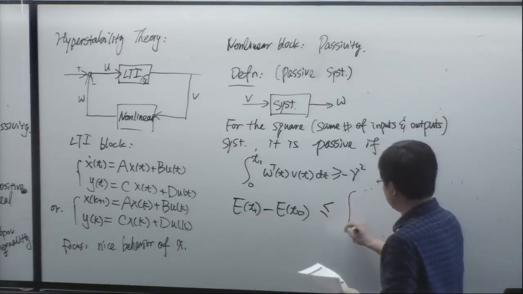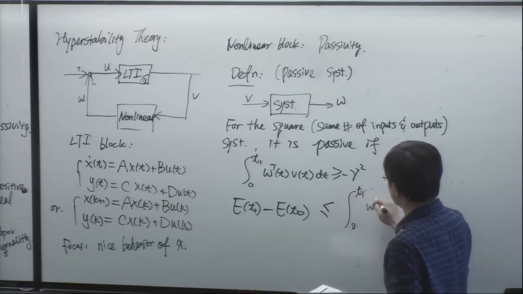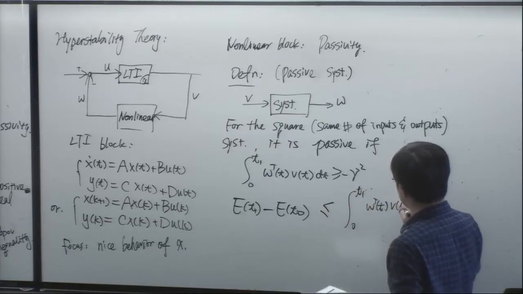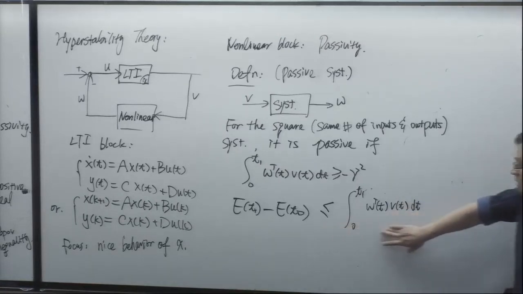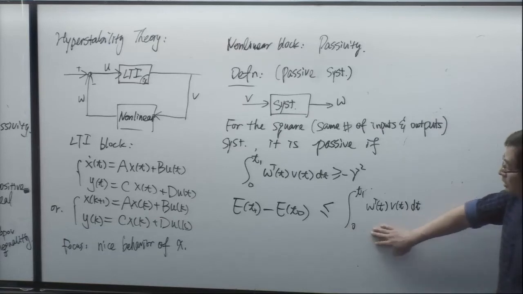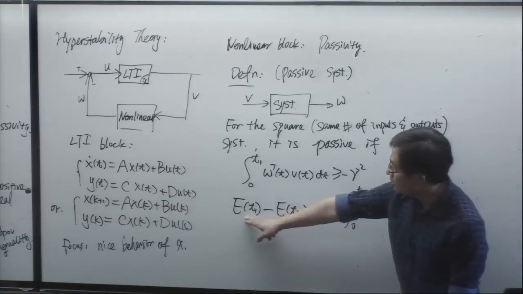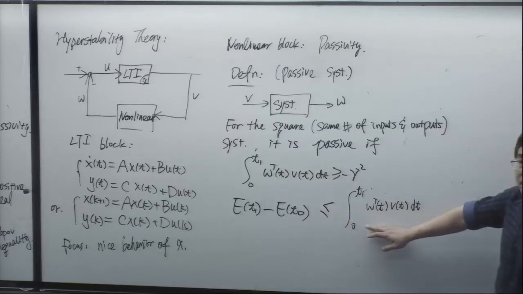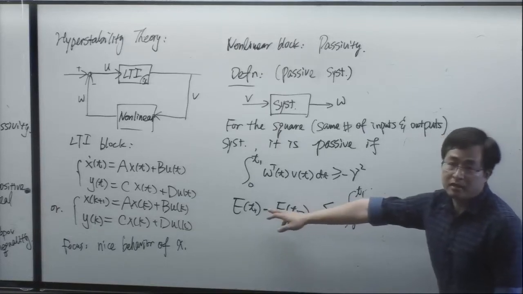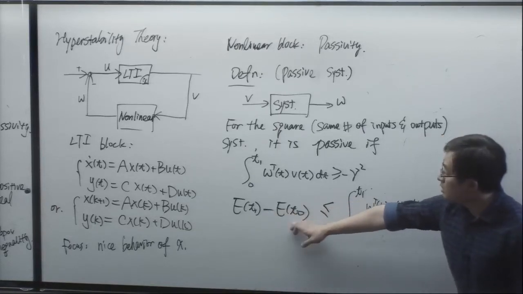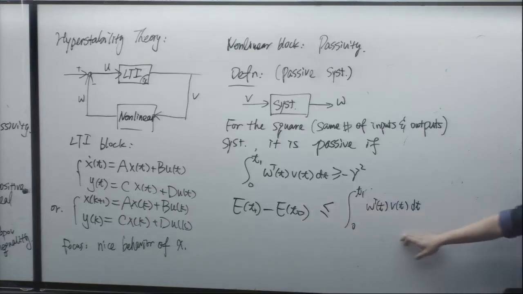So this is the work that I apply to the system. Okay? My terminal energy will not be crazily increased. It's going to be limited by the maximum I can achieve in the end. It's going to be my initial energy plus the work that I apply to the system.